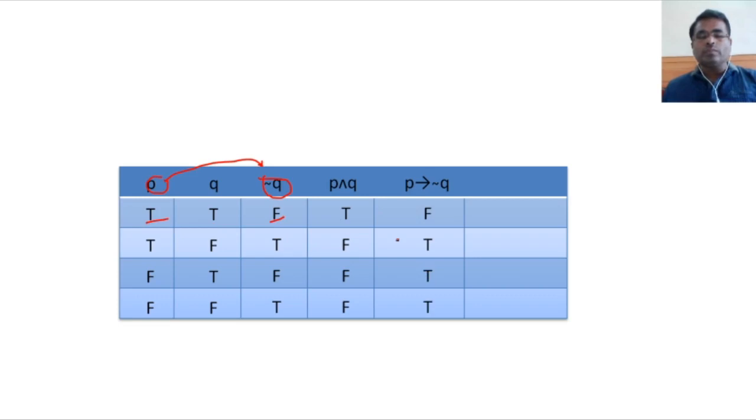So you have these values. Now we are going to consider negation of P implies negation Q. Means we take the negation of this statement, so false changes to true, then true changes to false, then true changes to false, and true changes to false again.